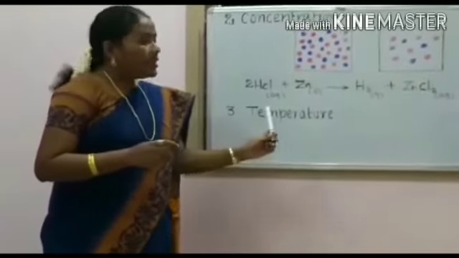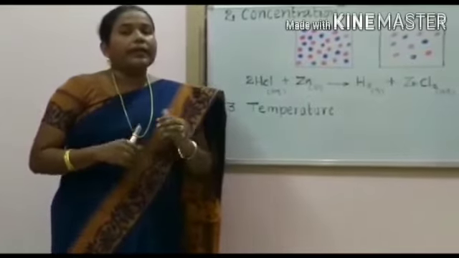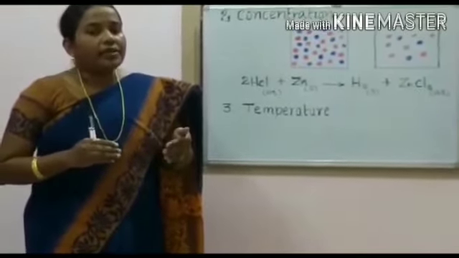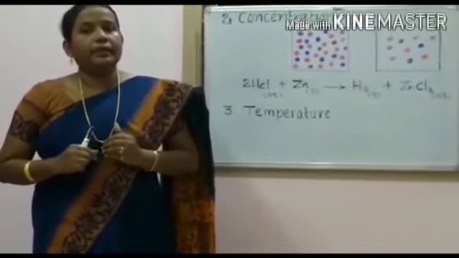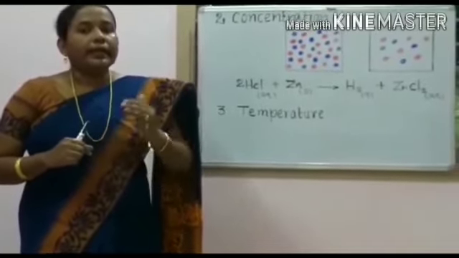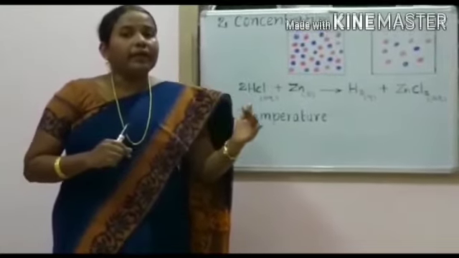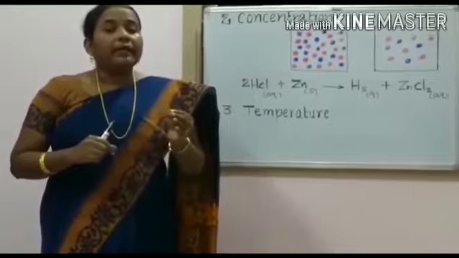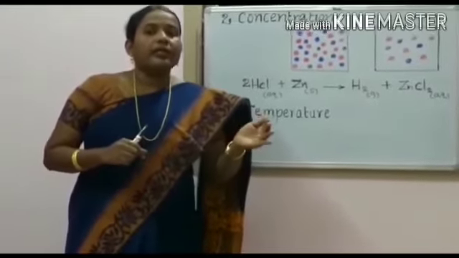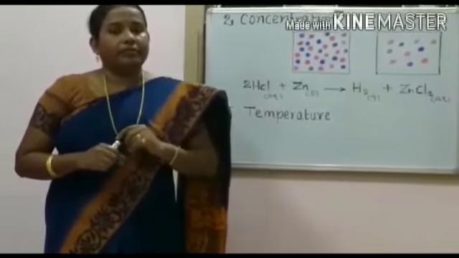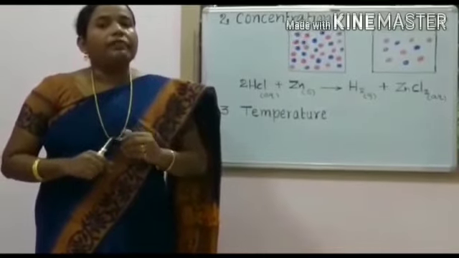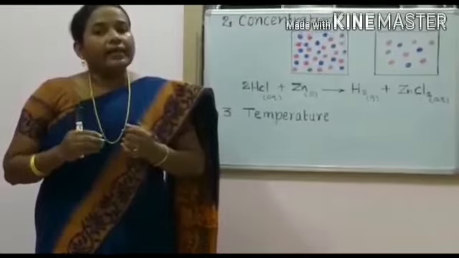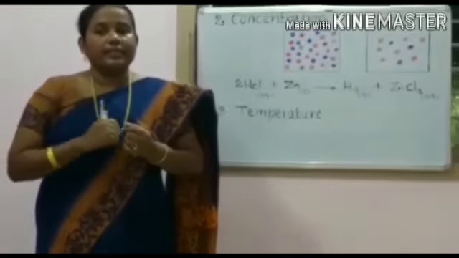The next is temperature. When the temperature of the reaction increases, the rate of the reaction increases. For example, the time taken to melt a metal will be much higher at a lower temperature, but it will decrease as soon as we increase the temperature. Actually, what happened? When the temperature of the reaction increases, the kinetic energy of the reactant molecules increases.